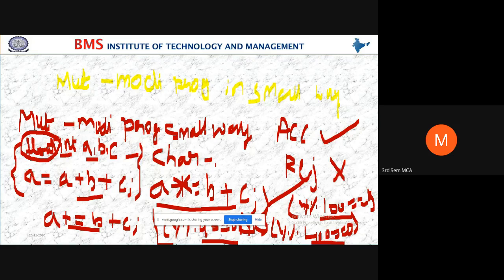Students, are you following this example? Respond. Or any confusion? No, ma'am. All of you are following this example? Yes, ma'am. So instead of integer, if I take character or boolean value, then the mutant will definitely be rejected.